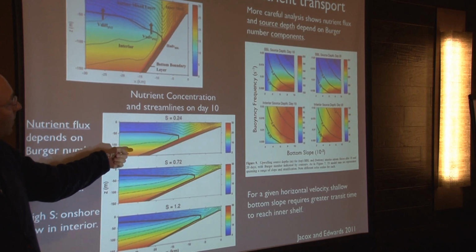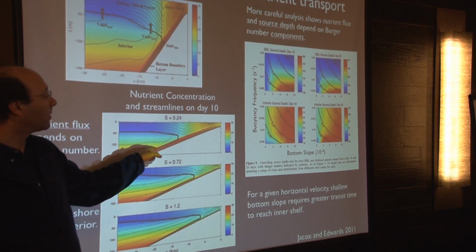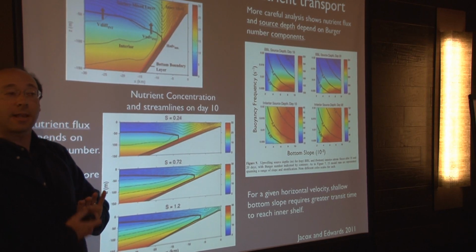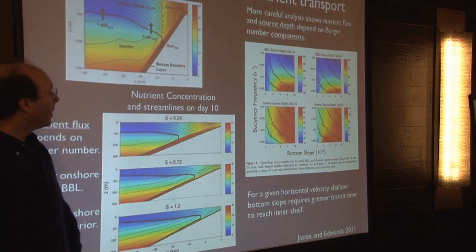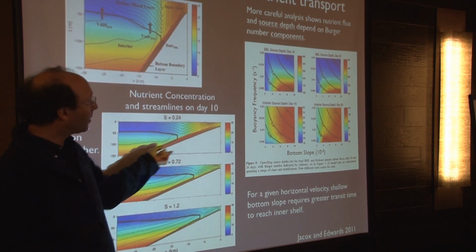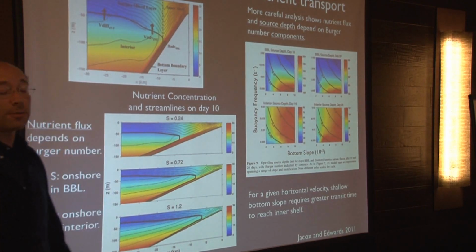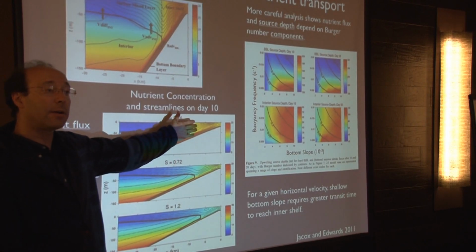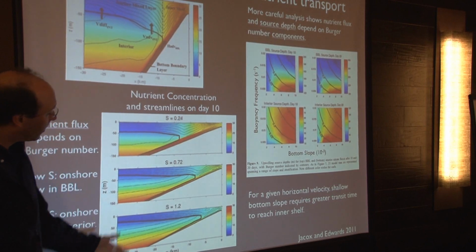So when the conditions are such that most of the transport is happening along the bottom, nutrients are drawn from deeper depths. Because of the natural gradient in the presence of a nutricline, drawing from deeper depths generally results in higher nutrient transport into the euphotic zone. So for small Burger numbers, you generally have higher nutrient flux into the euphotic zone.